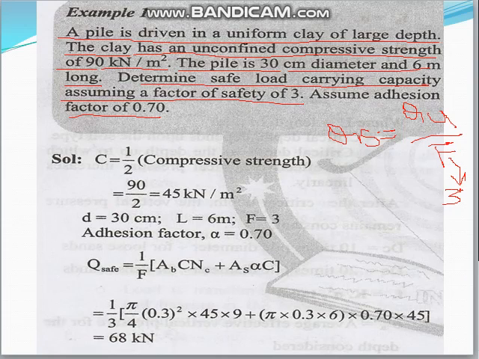Now we need to calculate the ultimate load, that is QU. We know the formula: AB into FB plus AS into Fs. So first we need to calculate the term AB.